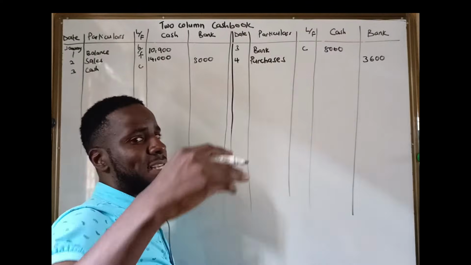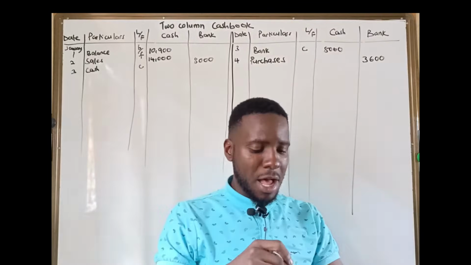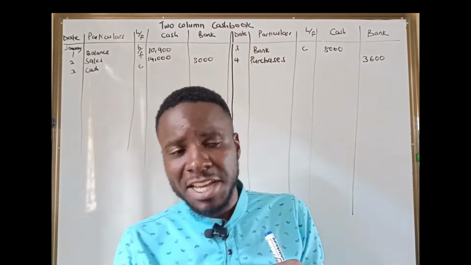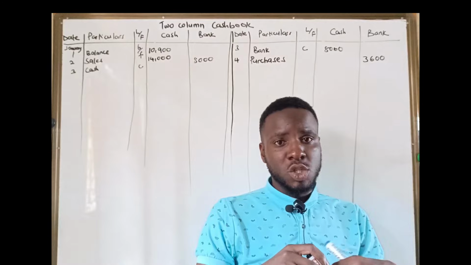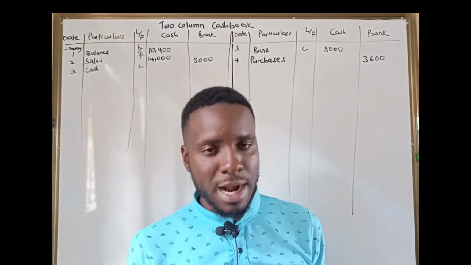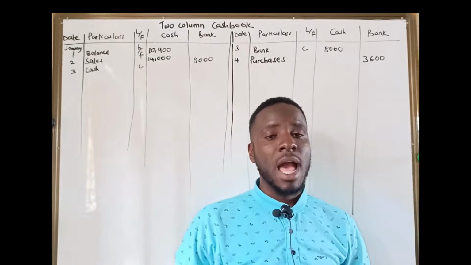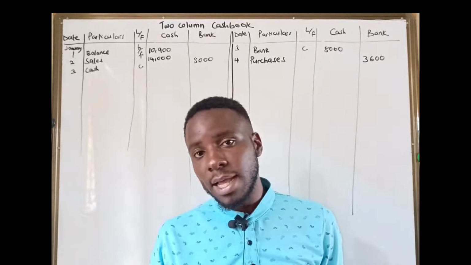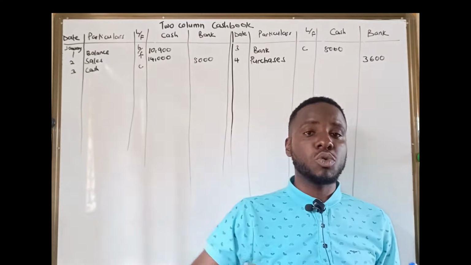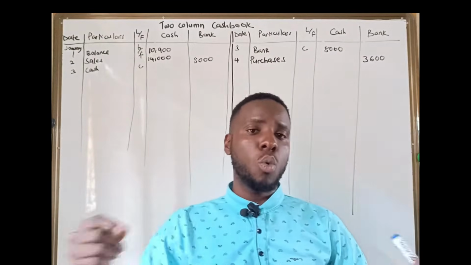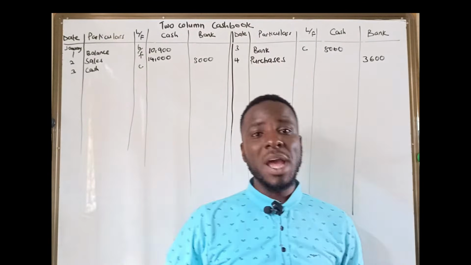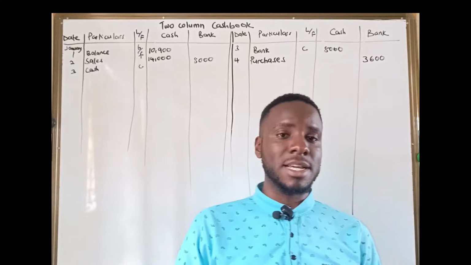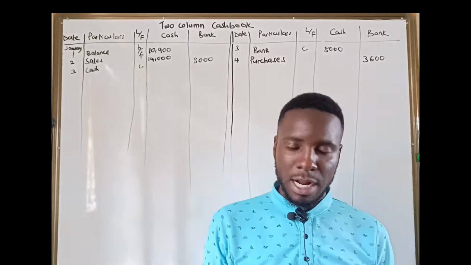So when you see they mention check, we are affecting the bank account. When you receive a check, our bank account is going to increase. When we pay by check, our bank account is going to decrease. We credit our bank account when we pay by check. When we receive an amount by check, we debit our bank account.